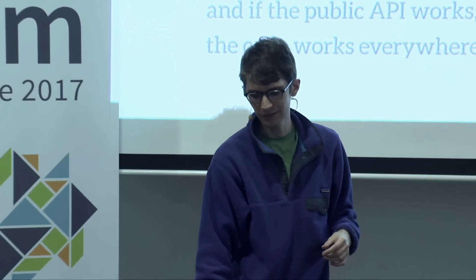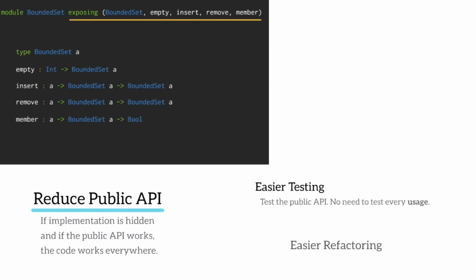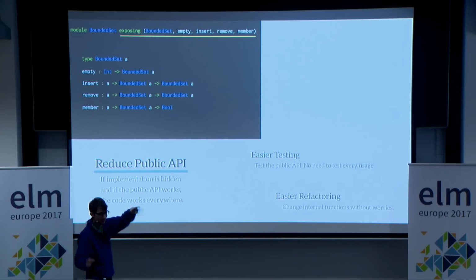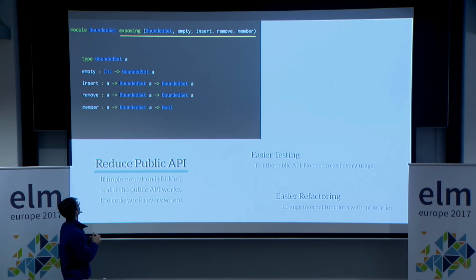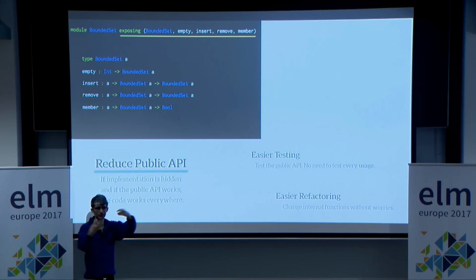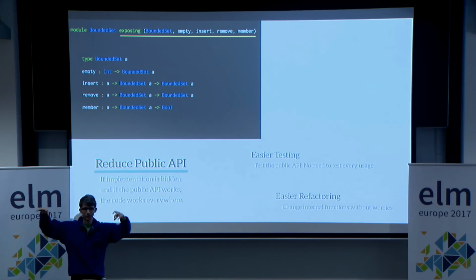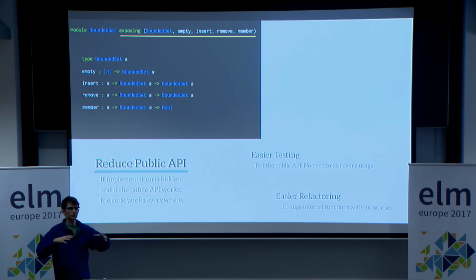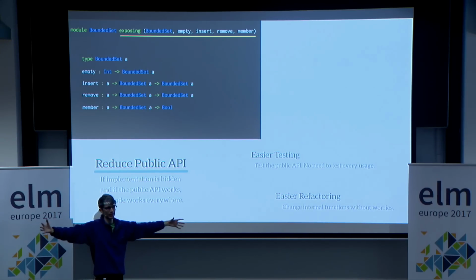The other thing that's nice is you get easier refactoring. So I can change how things are implemented without worrying what's going to happen outside. This happens in a couple ways. One is, say there's an insert help function that's doing some extra special stuff. I know that it's not exposed outside, so I can mess with the arguments, add arguments, shuffle things around, and be sure that this is not going to have any effect in any other modules.